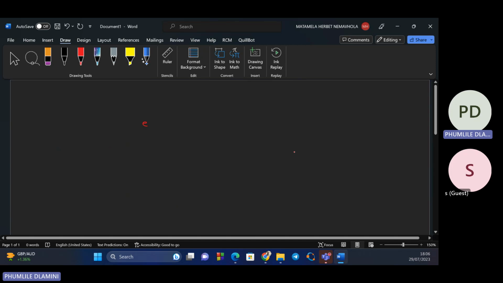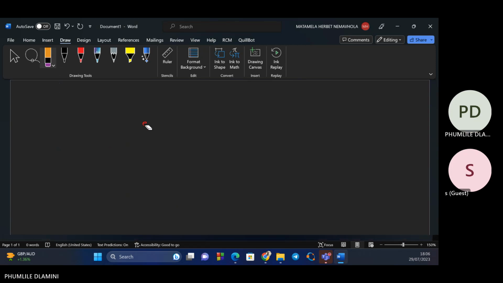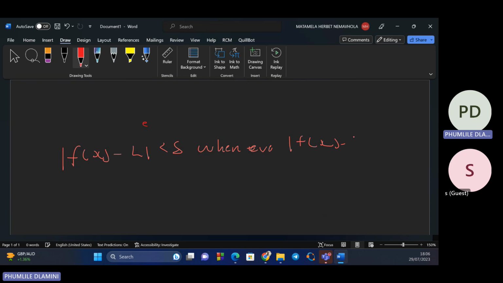Let me erase that. Remember, when you do this function, it says the absolute value of f of x minus L must be less than epsilon.